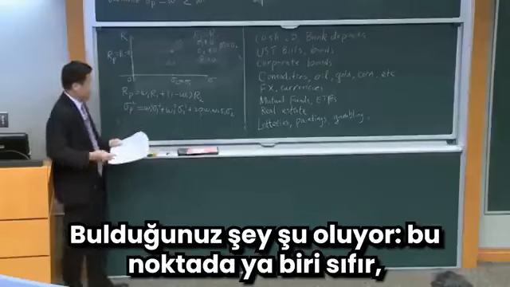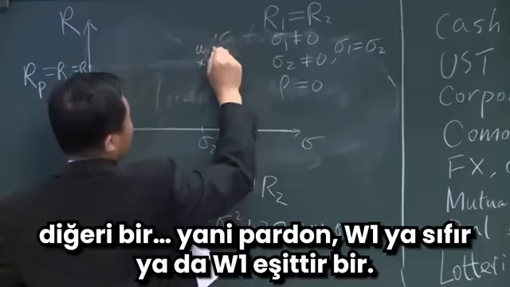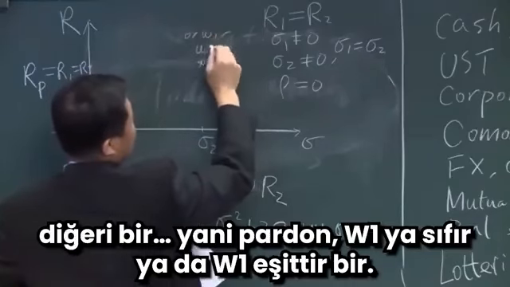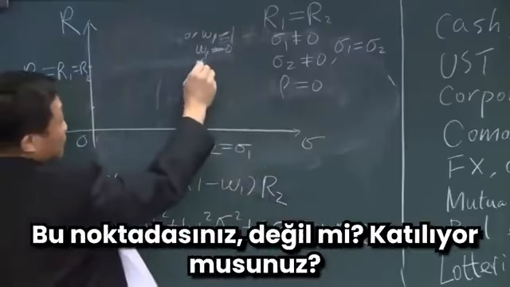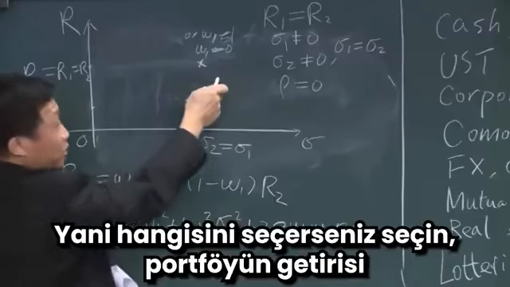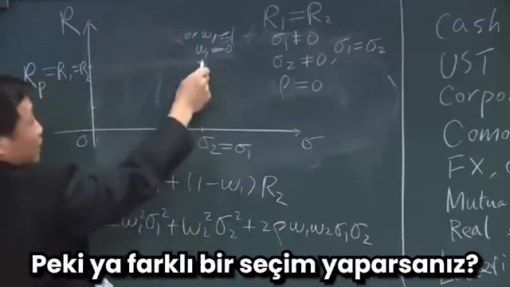So that's what you find: at this point is W1 equal to 0 or W1 equal to 1. You're at this point, right? Agree? So you choose either. You will end up with the portfolio exposure in terms of return and variance right here.